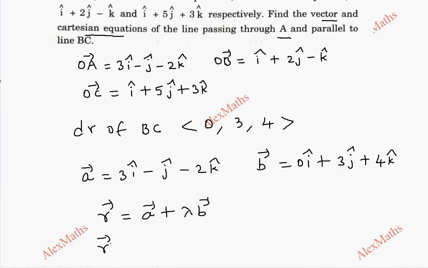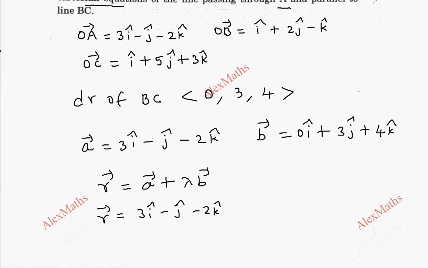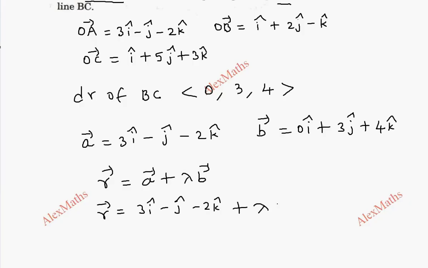So r vector is 3i cap minus j cap minus 2k cap, which is the passing through point A, then plus lambda times the direction ratios, which is 0i cap plus 3j cap plus 4k cap.